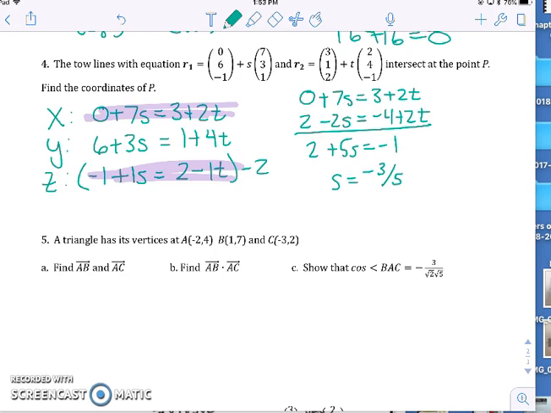We have the first line (0, 6, -1) plus s times (7, 3, 1), and the second (2, -1, ...). So we're going to make this opposite so the top stays the same. Multiply by negative 2. Negative 2 times negative 1 is 2. Negative 2 times 1s, negative 2s. Negative 2 times 2 is negative 4.